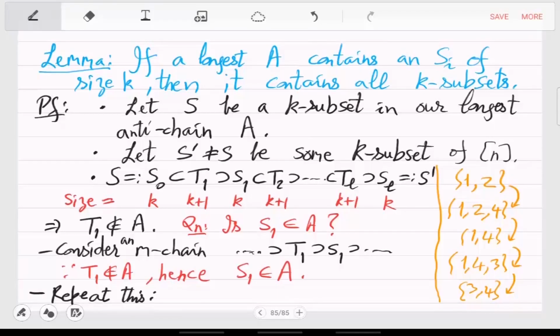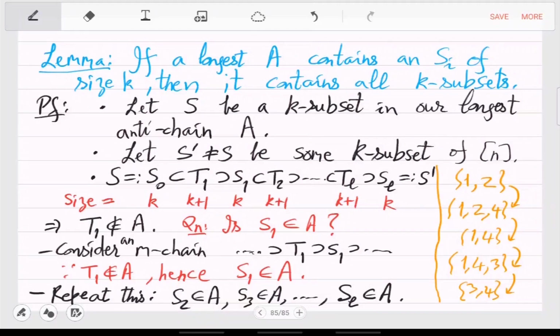And what do you do after this? After this, you repeat. You do the same argument. Like we went from S0 to S1, now you go from S1 to S2. So repeat this. Now when you repeat, you will get S2 is in A, then you will get S3 is in A, and if you wait for a very long time, you will get SL also in A, right?